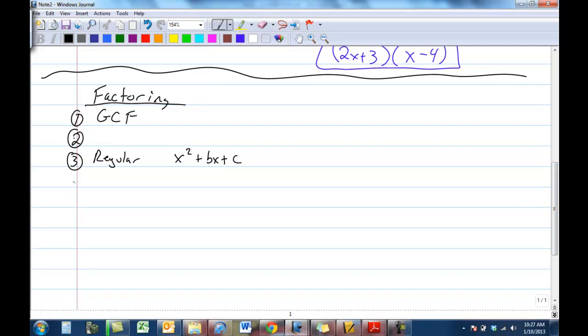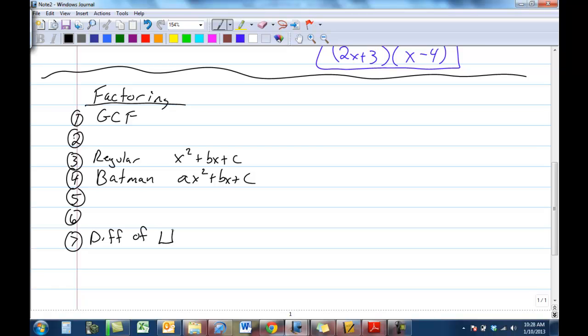Number 4 we ain't ready for. Number 4 is Batman. Batman is ax squared plus bx plus c. 5 you ain't ready for. 6 you ain't ready for. But 7 is the difference of squares.